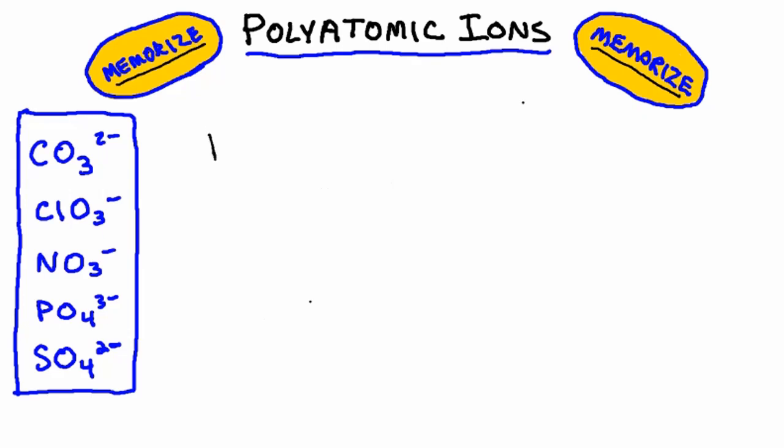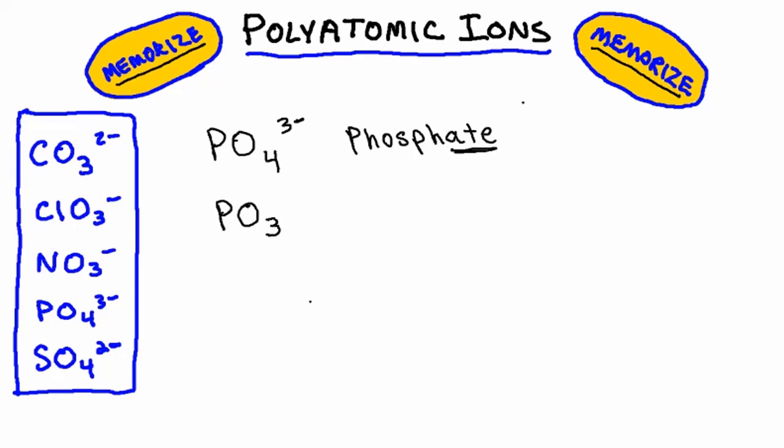Now phosphate. Phosphate is P with 4 oxygens, and it has a negative 3 charge. So that's phosphate. But what happens if you were to take away one of those oxygens? You would end up with PO3 and a negative 3 charge. So that would be called phosphite.